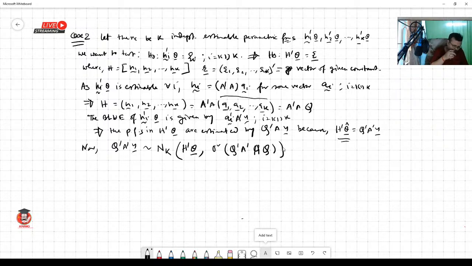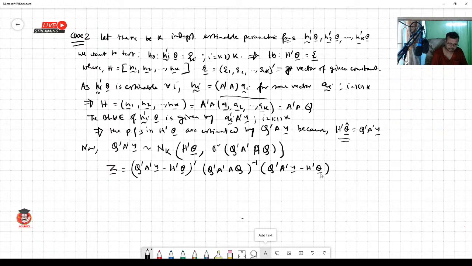And so z curl is defined as Q prime A prime y curl minus H prime theta curl, prime, times Q prime A prime A Q whole inverse, Q prime A prime y curl minus H prime theta curl.